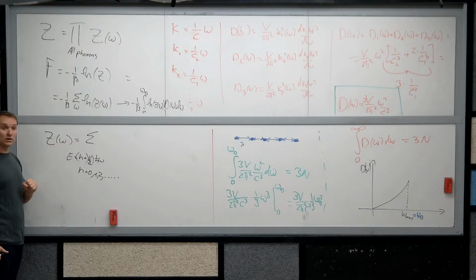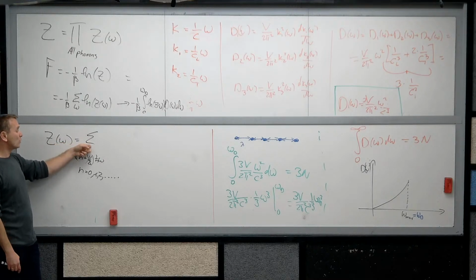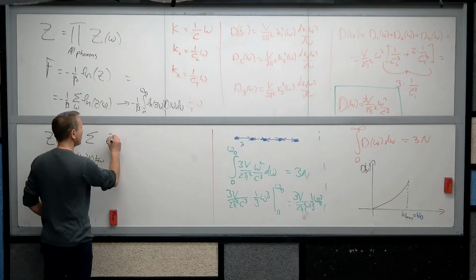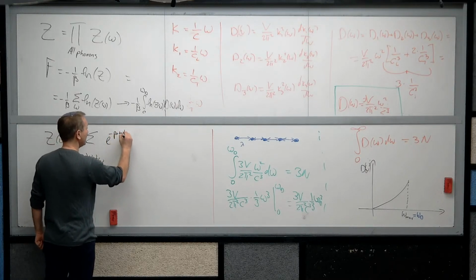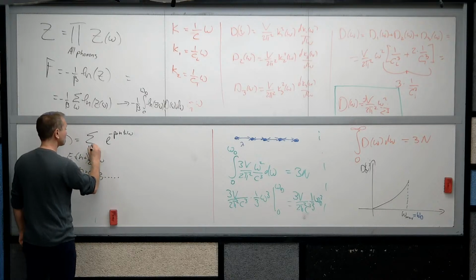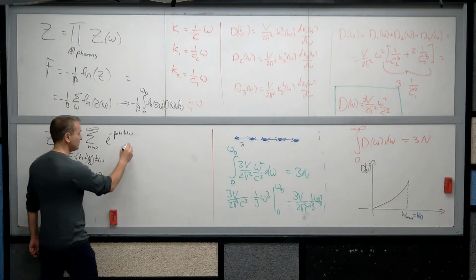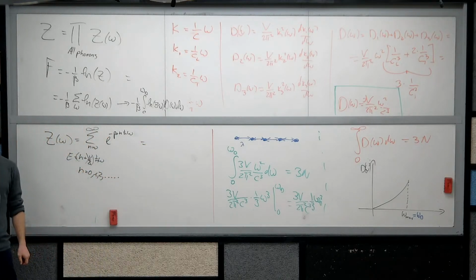And since all our phonons are independent, in order to compute the partition function of a given phonon, we have to count over all the different energies of this phonon. So this is e to the power minus beta n h bar omega, with n going from 0 to infinity. Any questions?